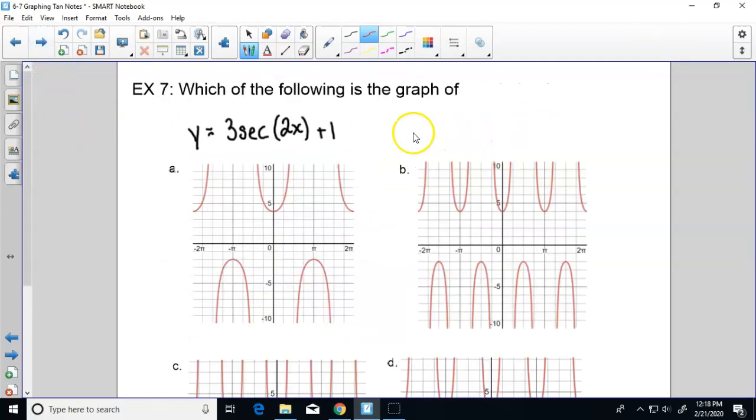Alright, for number 7, which of the following is the graph of 3 secant 2x plus 1? Now, I like to think that secant is 1 over cosine. Okay, so secant is 1 over cosine. So when I look at this, a lot of times I think about the graph that goes in between.